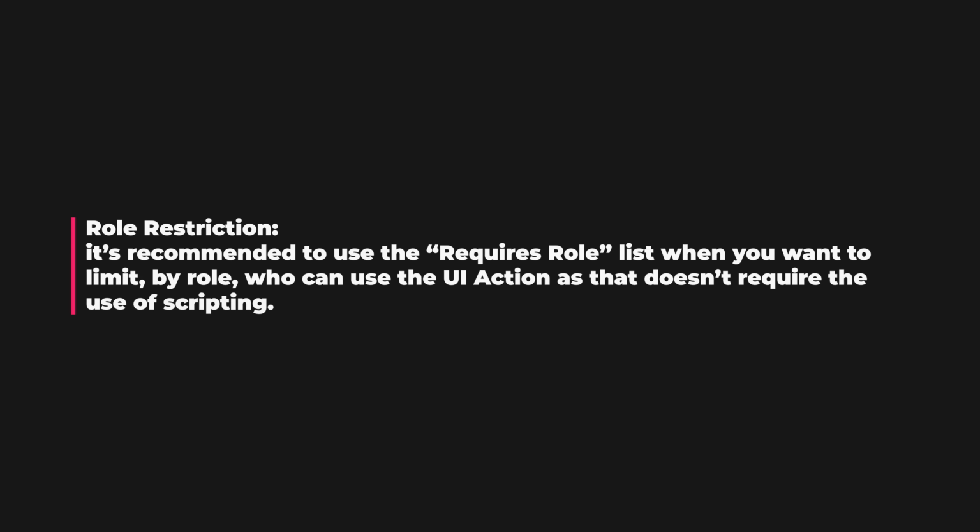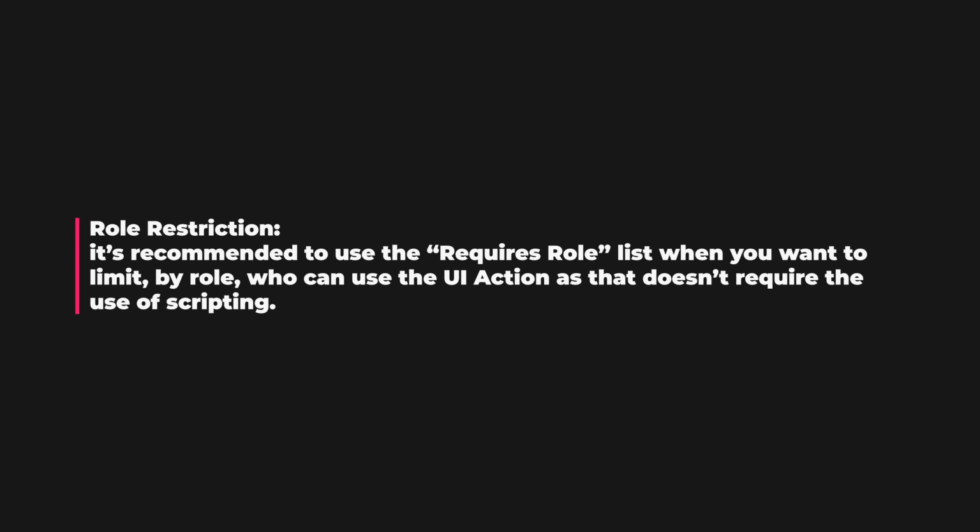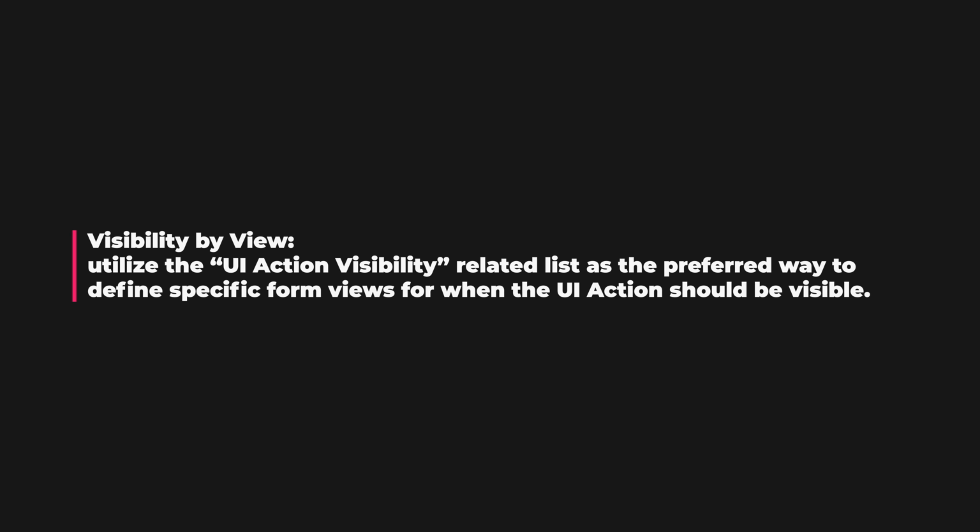Role restriction. It's recommended to use the requires role list when you want to limit by role who can use the UI action, as it doesn't require the use of scripting. Visibility by view. Utilize the UI action visibility related list as the preferred way to define specific form views for when the UI action should be visible.